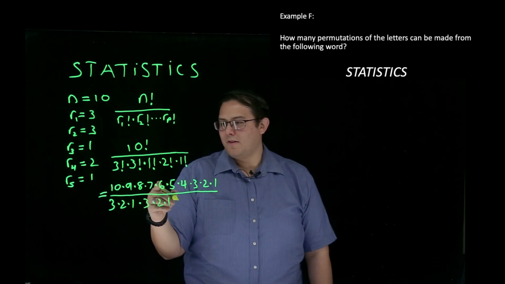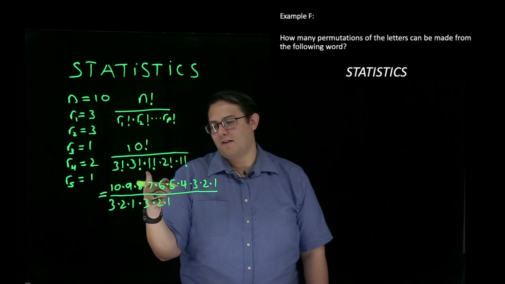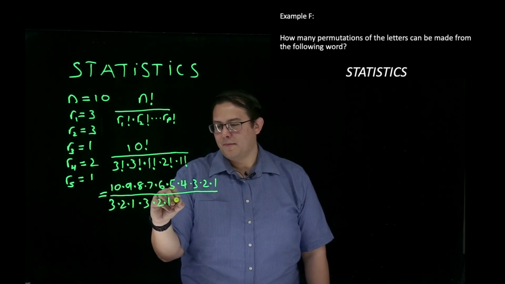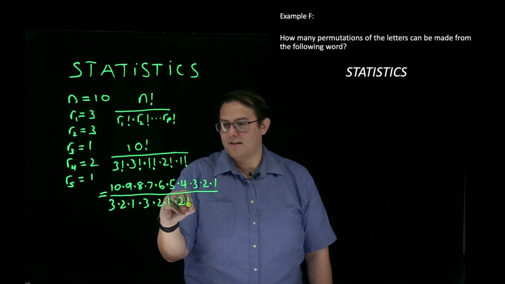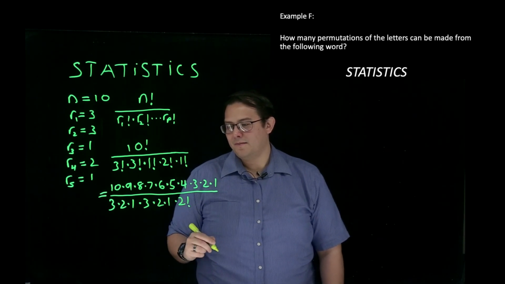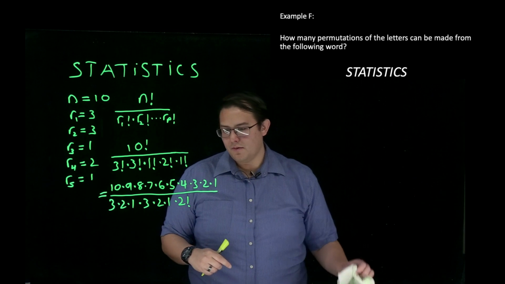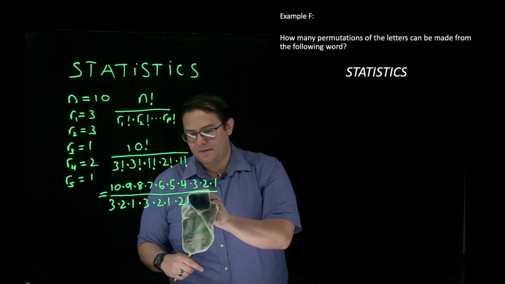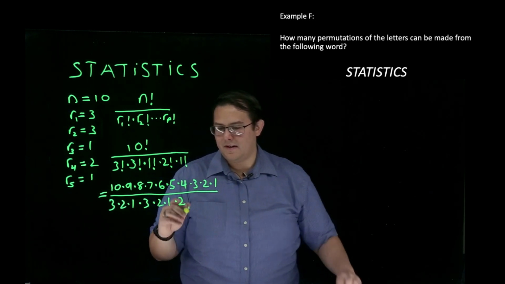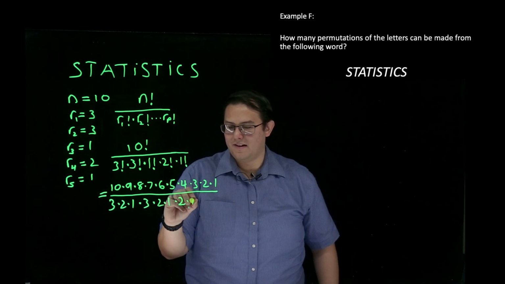A 1 factorial, in this case I'm not going to write the 1 factorials because 1 factorial is just 1. And then times a 2 factorial, and 1 factorial is 1 as well. And let me rewrite the 2 factorial as 2 times 1.